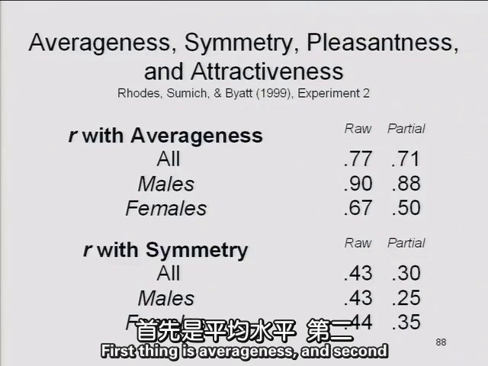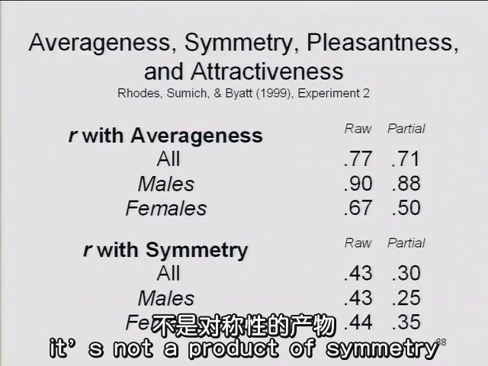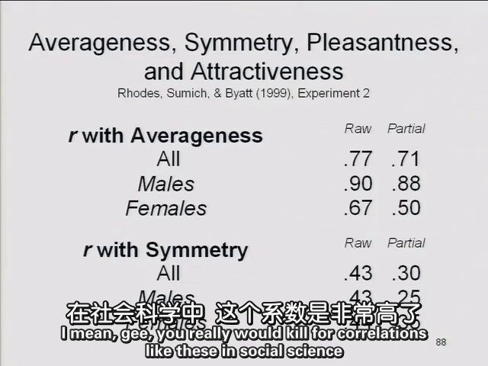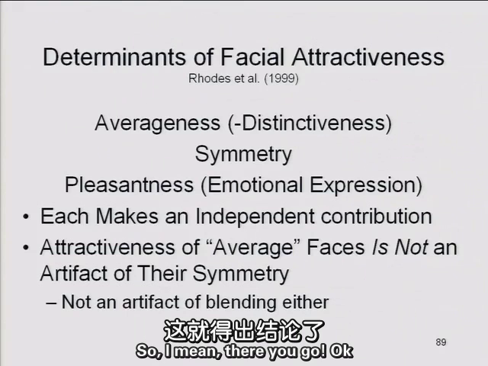And second, the relationship between averageness and attractiveness is not an artifact of symmetry. It's not a product of symmetry. The relationship stays very, very, very high. I mean, gee, you really would kill for correlations like this in social science, even when you factor symmetry out. So, I mean, there you go.